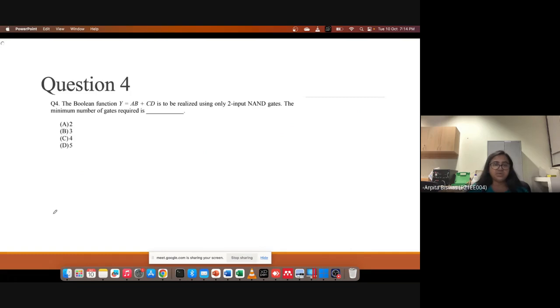Now this is question number 4. The Boolean function y equal to A into B plus C into D is to be realized using only two-input NAND gates. The minimum number of gates required is: the first option is 2, the second option is 3, the third option is 4, and the fourth option is 5. So try to find out the right answer.